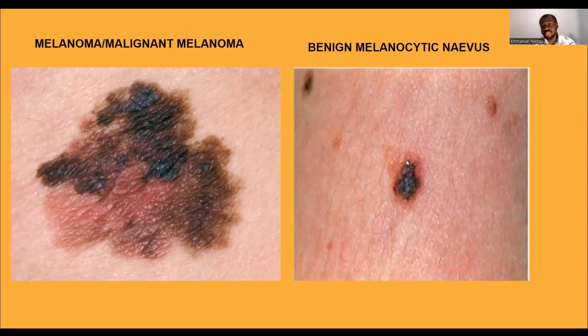To my right is a benign melanocytic nevus. Some benign melanocytic nevi are actually difficult to differentiate, because if you look at this lesion, it has some irregular margin actually. It looks really dark.